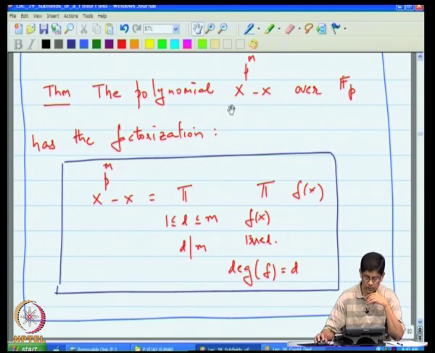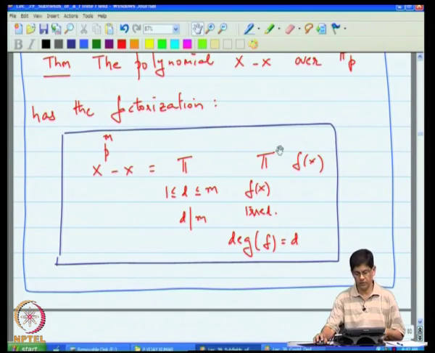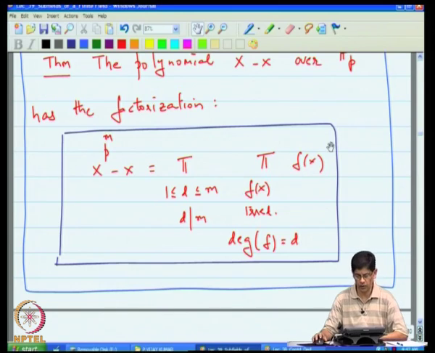The polynomial x to the p to the m minus x over F_p has the following factorization, that is, it is the product of irreducible polynomials. Each of these f of x here is an irreducible polynomial. So, this is just saying that x to the p to the m minus x must be the product of a bunch of irreducible polynomials.